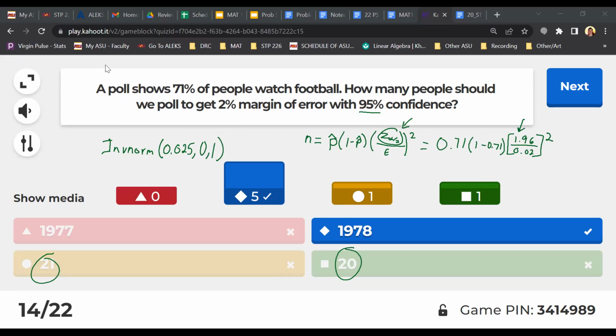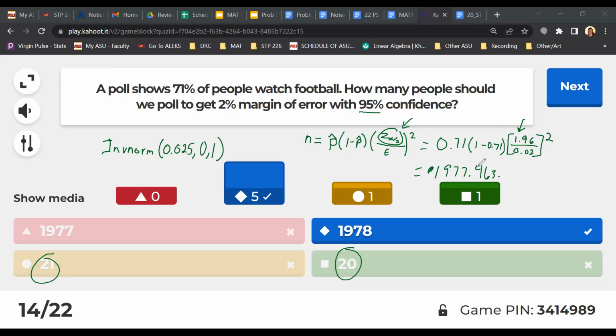All right, and then I'm going to do divided by 0.02 as my margin of error and squared. And I got 1977.46.